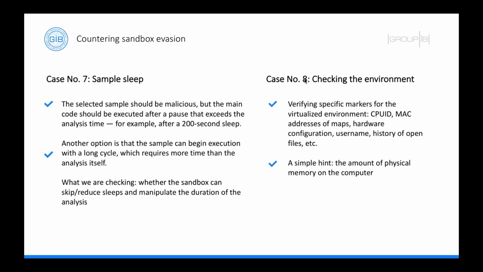It all starts with simple things like CPU ID, MAC addresses of network interfaces, hardware configuration, user names, history of open files, history in the system browser, and so on.